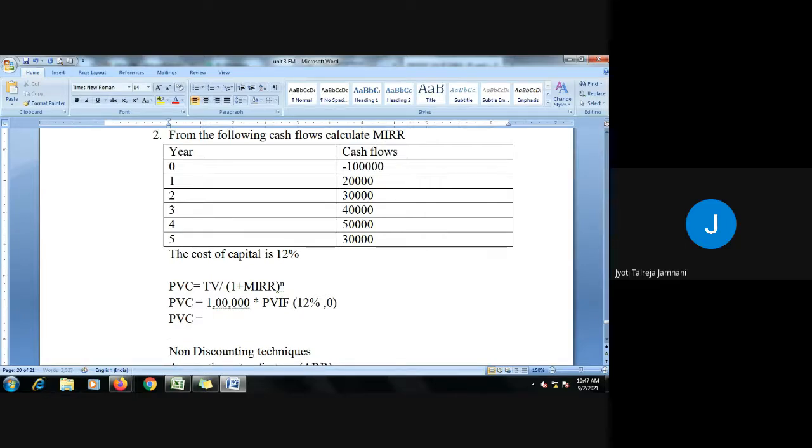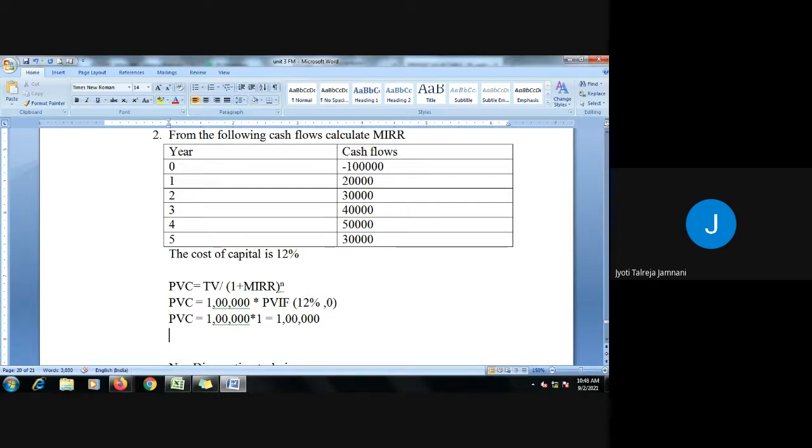So it is 1 lakh into 1, which is equal to 1 lakh. So present value of cost is 1 lakh itself because we have investment only in year 0. In the previous problem, we had investment in year 0 and 1, so we had to find the present value for that year 1 and we got a different answer. For year 0, the present value interest factor table value itself will be equal to 1. So anything multiplied by 1 will be the same.